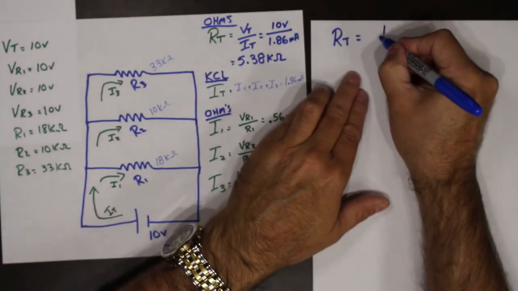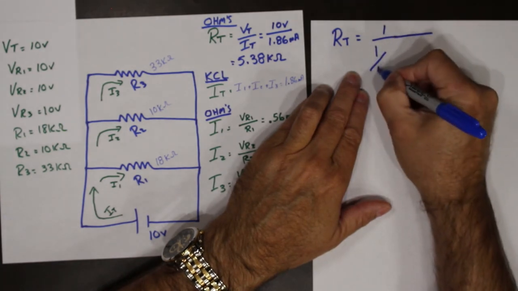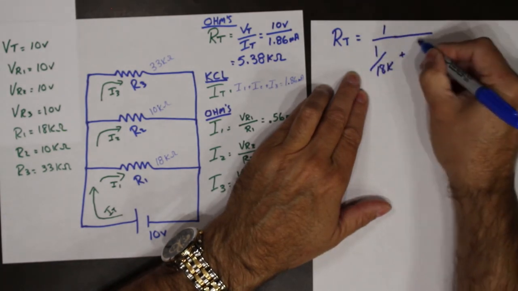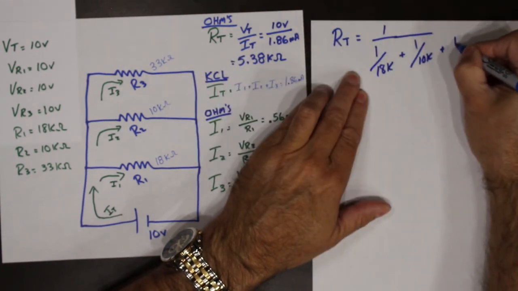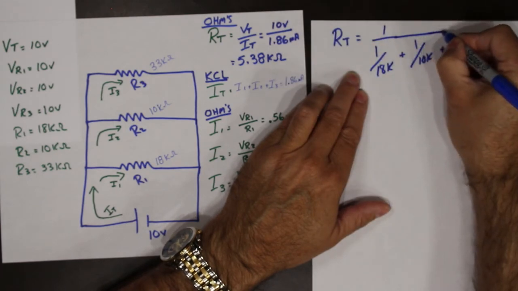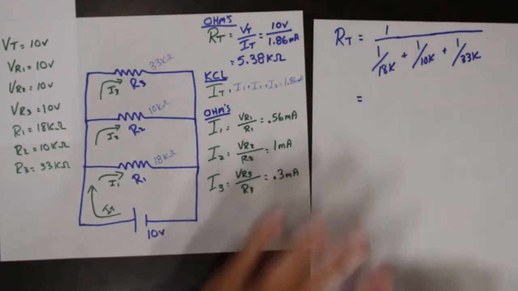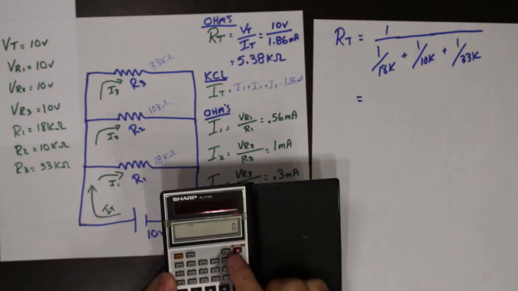So 1 over 18K plus 1 over 10K plus 1 over 33K. If we plug that all into the calculator, it should come up with a value very close to 5.38K.